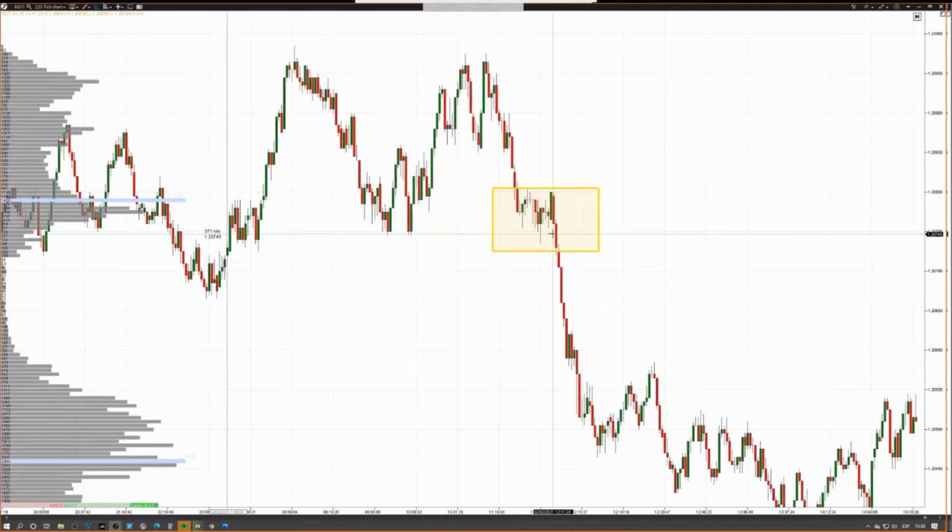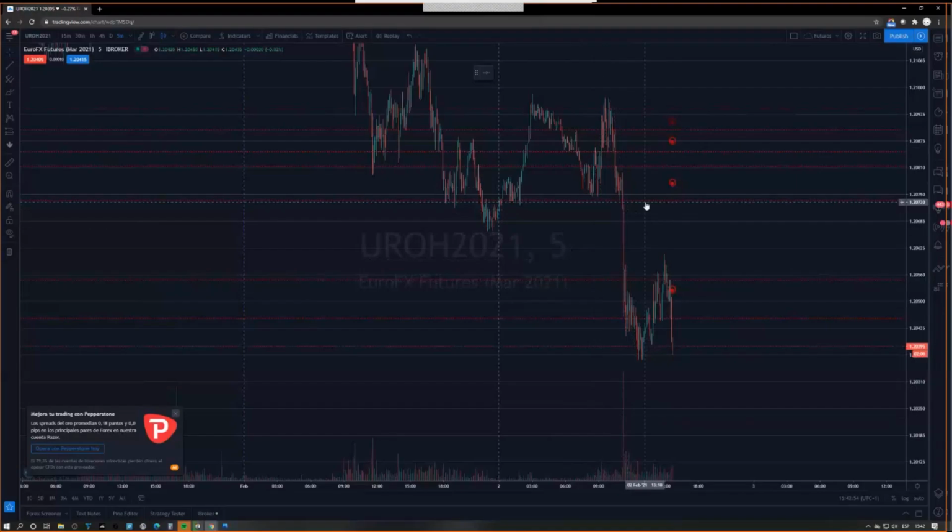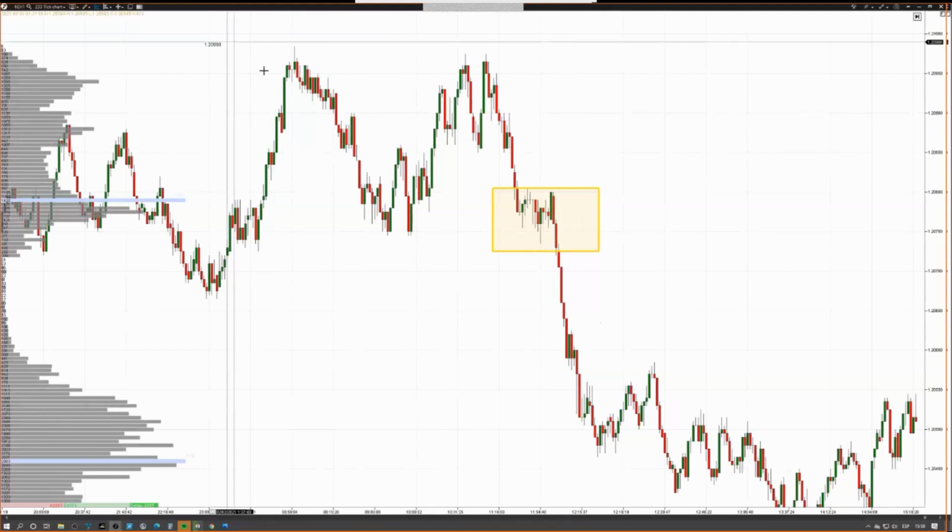And I also want to know where the buyers are and where their stop losses were hit. Right? I want that information because I can use it to place my entry, because I know that if they're still here, all right, the pending orders are still here, they might want to close their position once price gets close to their entry, to break even or lose less money.